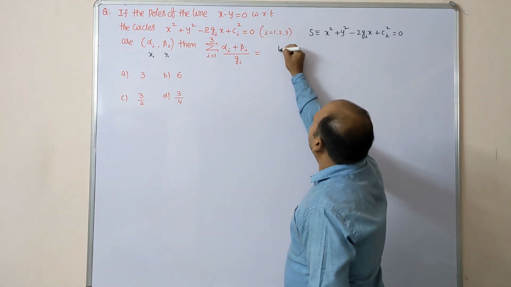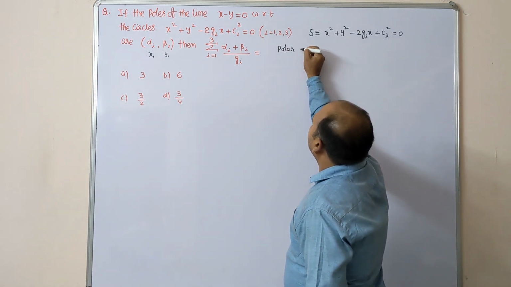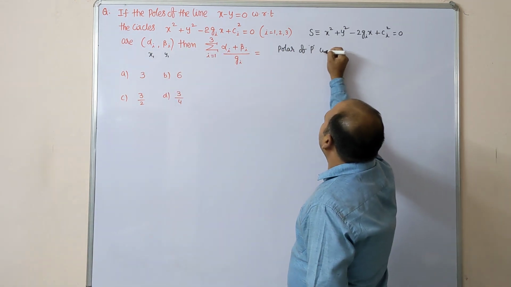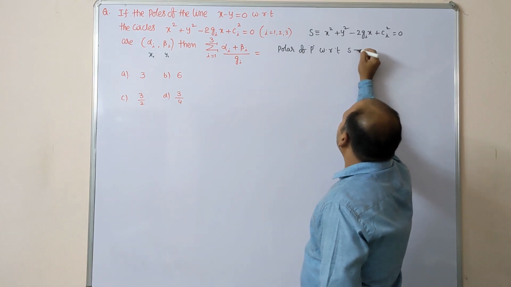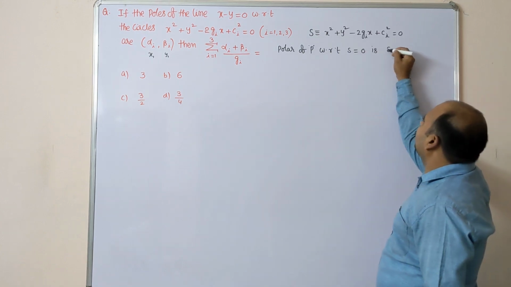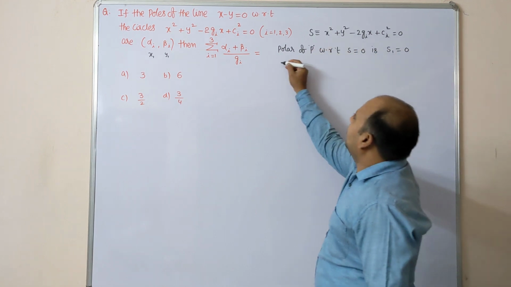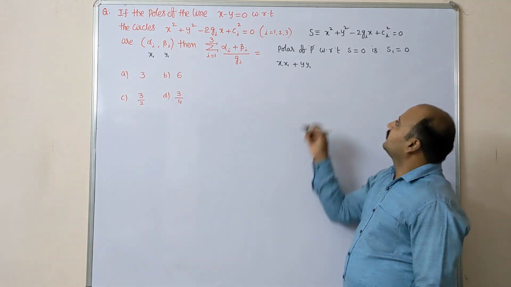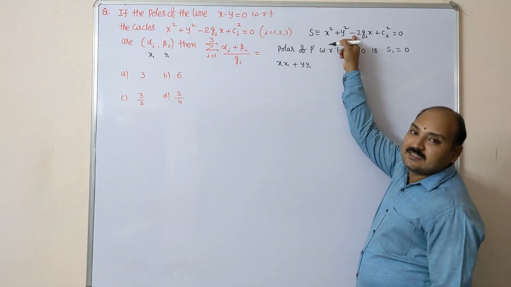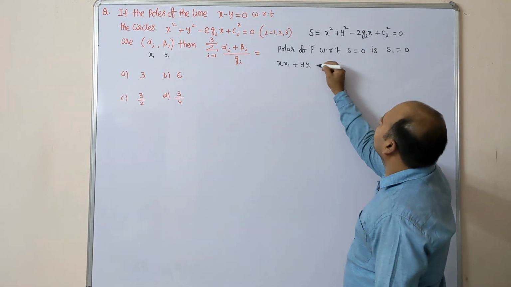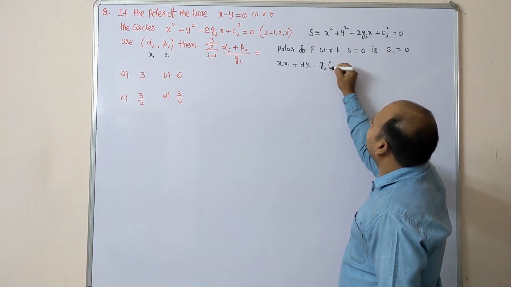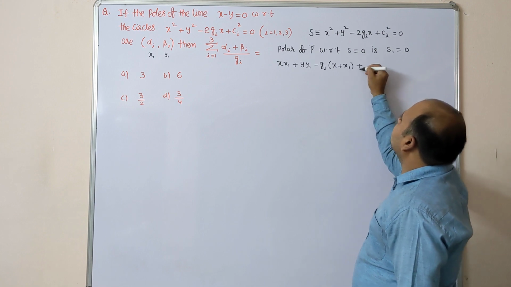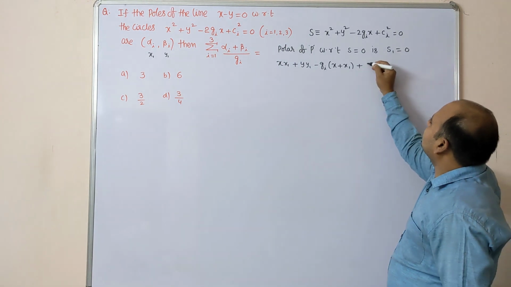So the polar of P, this is the point P I am assuming, with respect to S equal to 0 is S1 equal to 0. So for this circle, S1: x x1 plus y y1 plus g into (x plus x1), but here minus is there, no? In place of g, what value is there? gi. So minus gi into (x plus x1) plus, f is not there, means only the constant ci square you have to write.